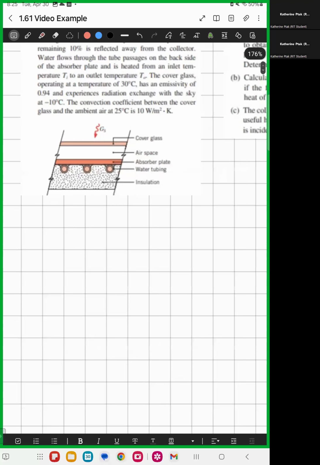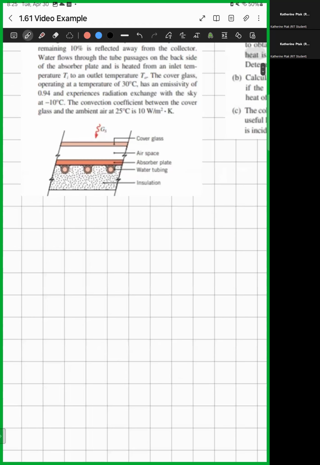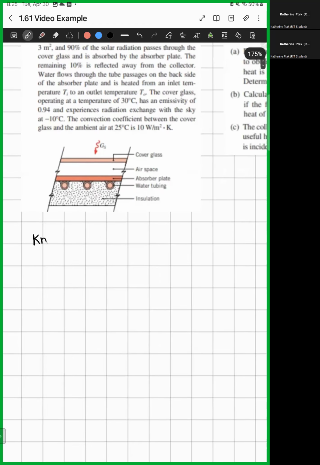Okay, so that was quite a bit. We're just going to start off easy, with the knowns. We know that Q from the sun equals 700 watts per meter squared. The area equals 3 meters squared. We know that 90% of the solar flux is absorbed.